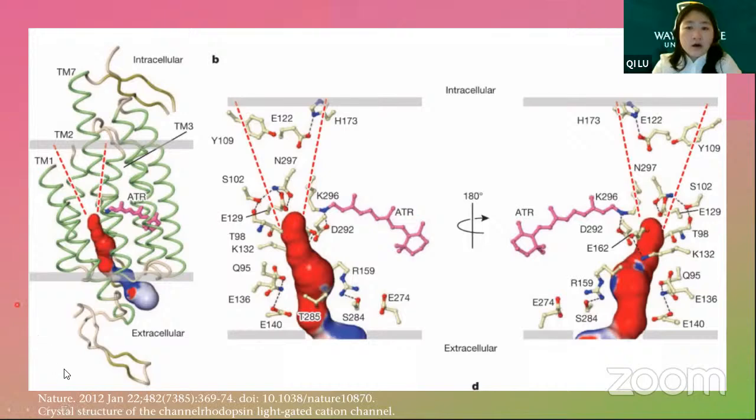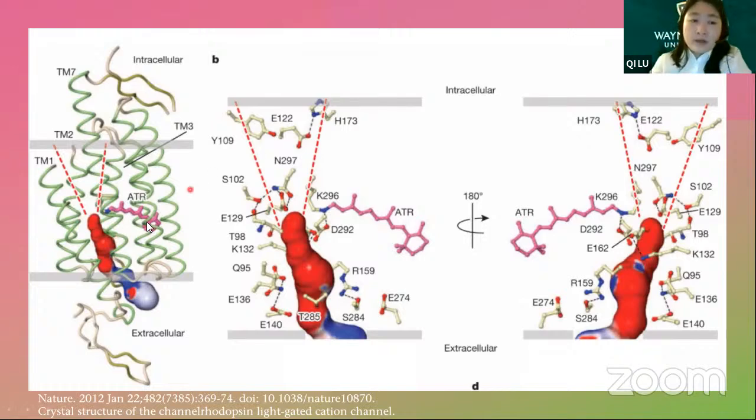But this is the whole structure result of the channelrhodopsin. The extracellular site is always open, and the critical sites E136 and E140 are located here.